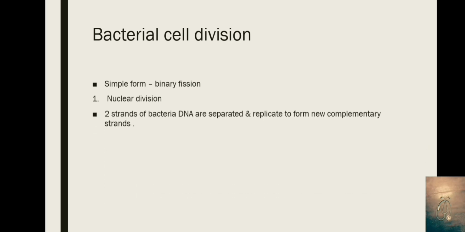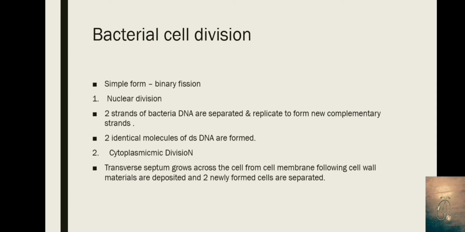In nuclear division, bacteria contain two strands of bacterial DNA, which are separated and replicated, and form new complementary strands. These two identical molecules of double stranded DNA are formed again. In cytoplasmic division, the division occurs like a transverse septum.